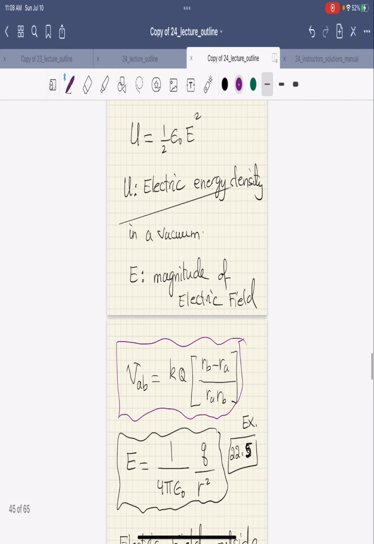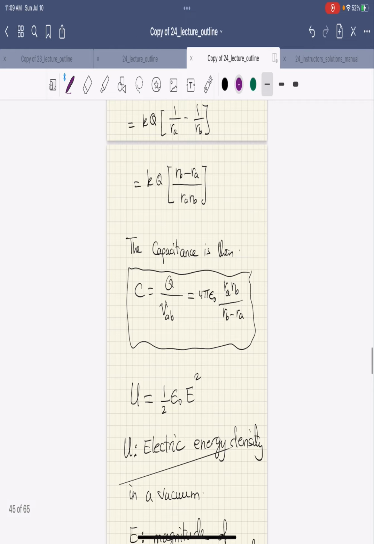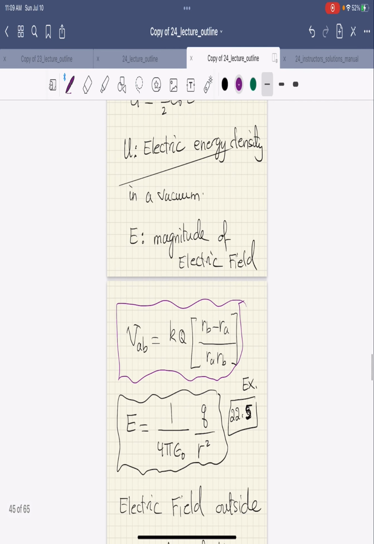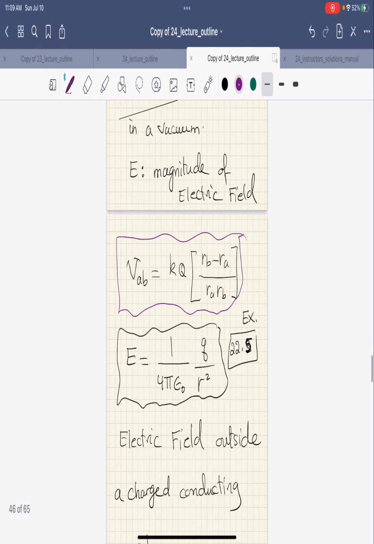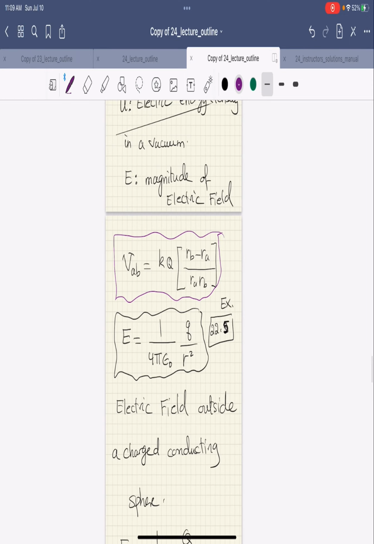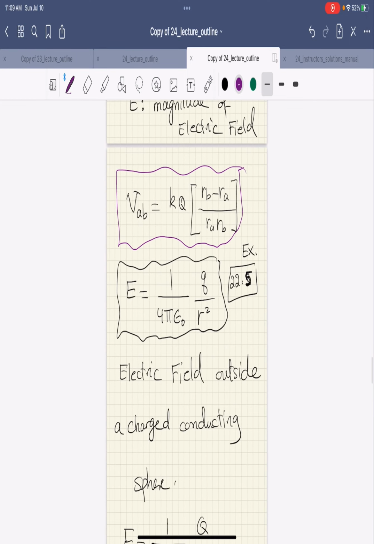From what I did here, I calculated VAB. And I know from example 22.5 that E for a spherical distribution is 1 over 4 pi epsilon 0 Q over R squared. This is the electric field outside a charged conducting sphere.